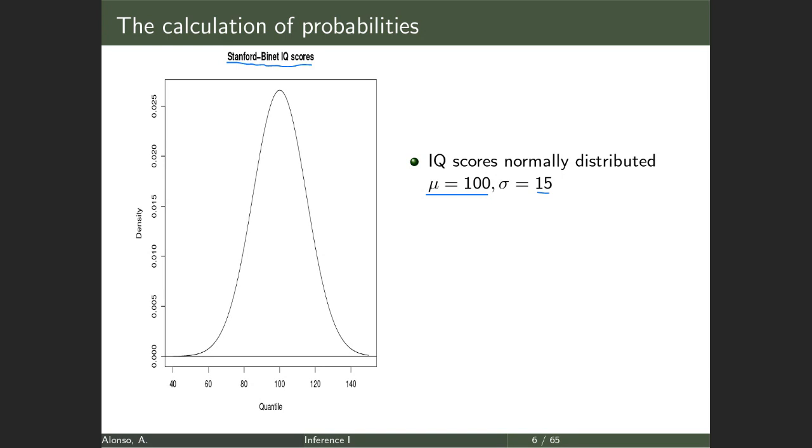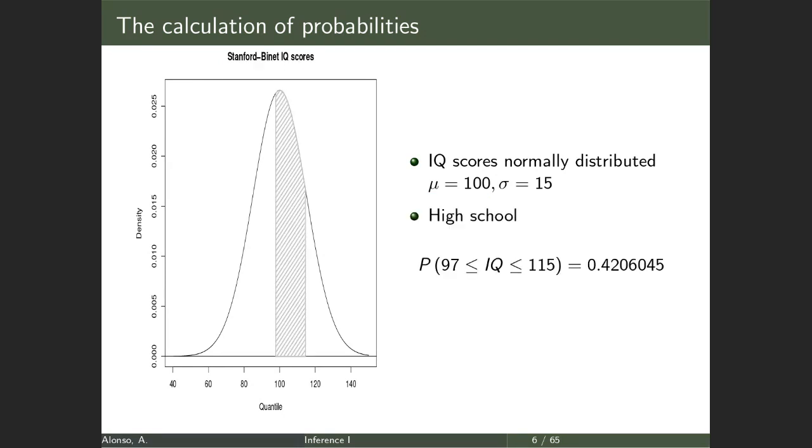And now, once we have that, we can do any kind of calculations. For instance, you may assess what is the probability, if I choose an individual randomly in the population, that he or she will have an IQ score between 97 and 115? Well, if the IQ score follows a normal distribution, then you can calculate that probability just by calculating the area under the curve.